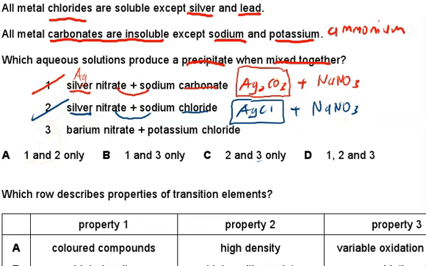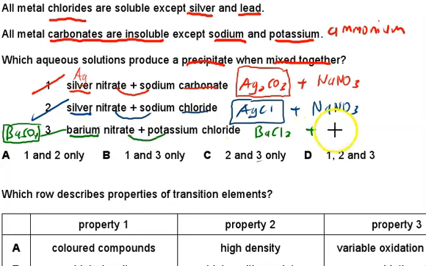Now let us look at number 3, barium and chloride. Barium only forms a precipitate with sulfate. Please remember barium sulfate will form a precipitate, but it's not here.